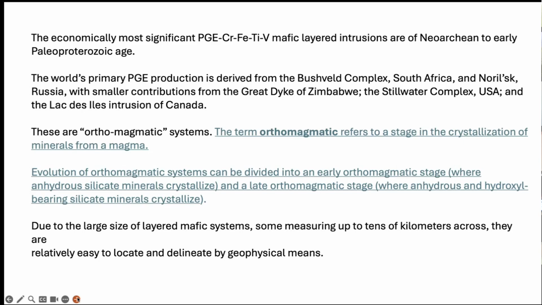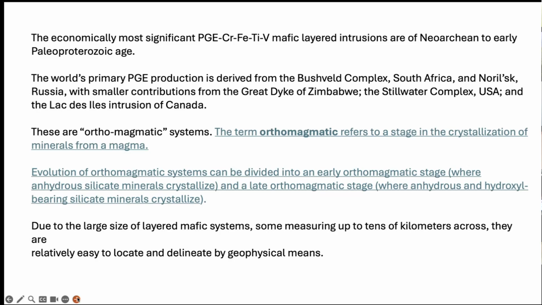And we've already talked about the world's primary PGE production. These are sometimes called orthomagmatic systems. And orthomagmatic refers to basically crystallization of minerals directly from a magma. And there aren't a lot of different kinds of ore deposits that do that. We've already talked a lot about sedimentary ore deposits and weathering related ore deposits, but there are significant ones that are orthomagmatic, and this is definitely one, the Bushveld.